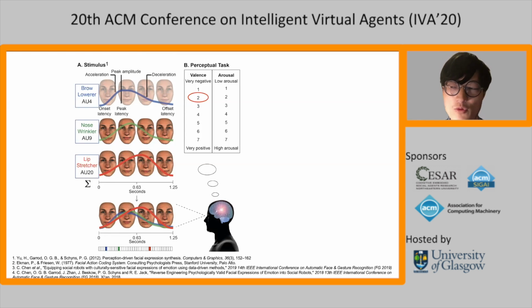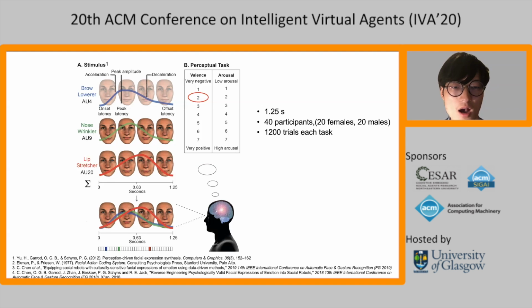We choose 1 to 4 randomly out of the 42 action units in one trial, give each of them random dynamic parameters, and combine them together as individual trials. Each expression animation will be 1.25 seconds. We recruited 40 participants to do 1,200 trials for each of the valence rating task and the arousal rating task.